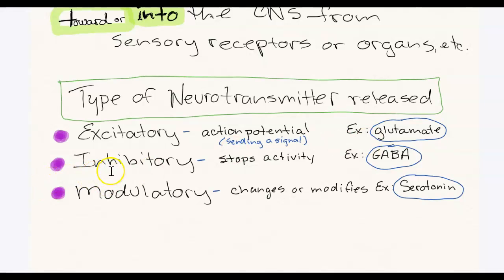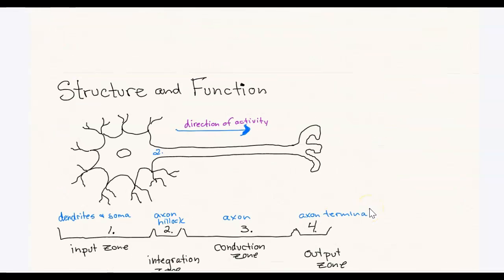An inhibitory neurotransmitter that can be released would be something like GABA, and that's going to inhibit activity, it'll stop activity. And modulatory is going to do something different. It's going to modify; it could amplify, it could tone it down a little bit, so it has this ability to change it slightly. And serotonin was an example.